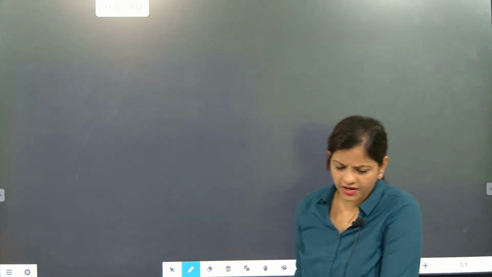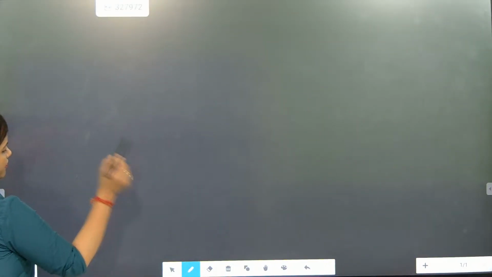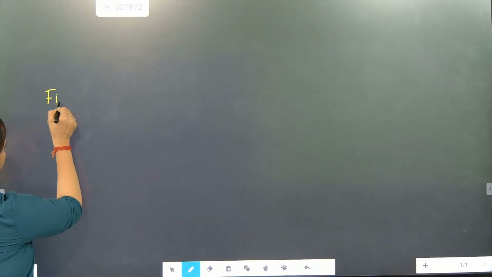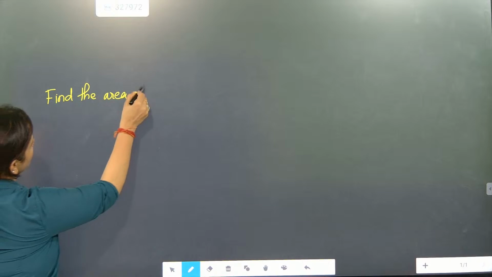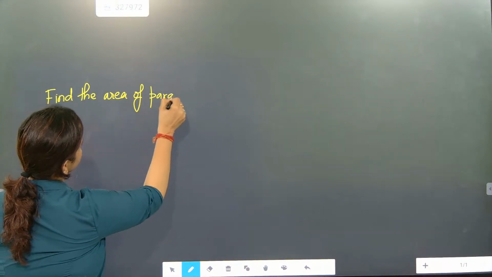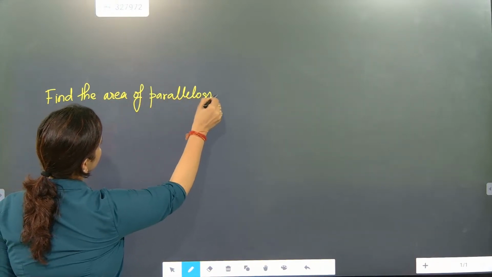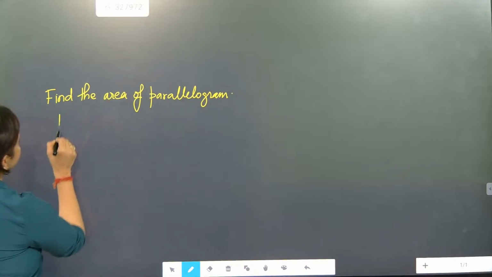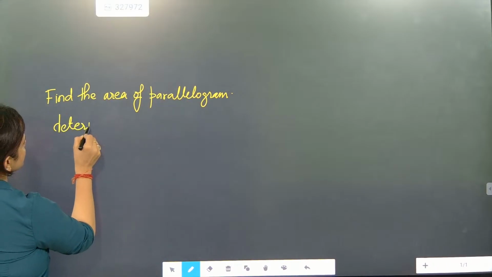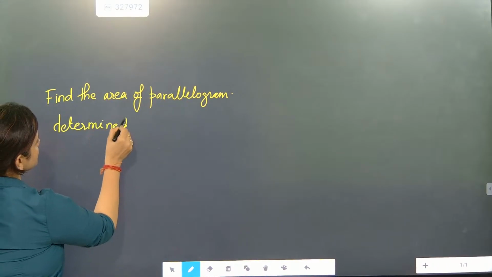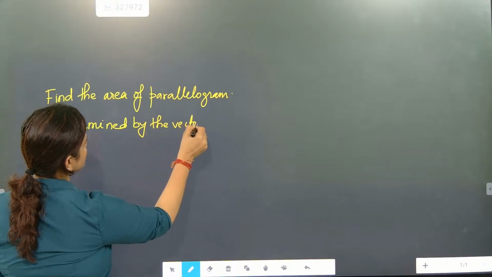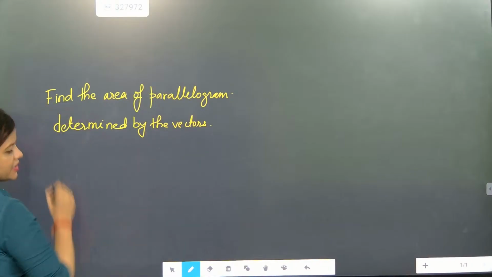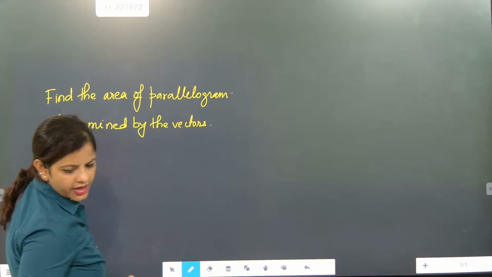Now look here. Write the question next. Find the area of the parallelogram determined by the vectors. Write down, find the area.